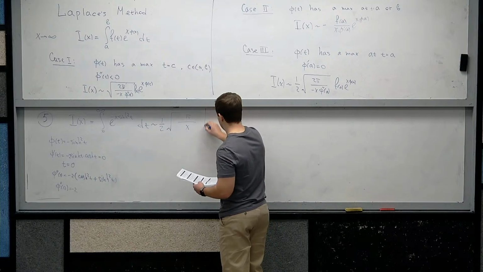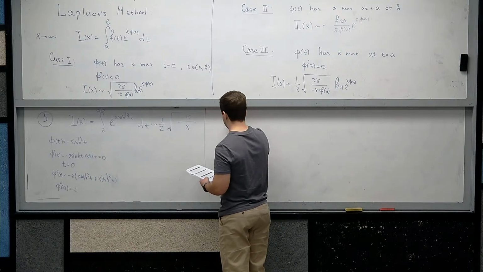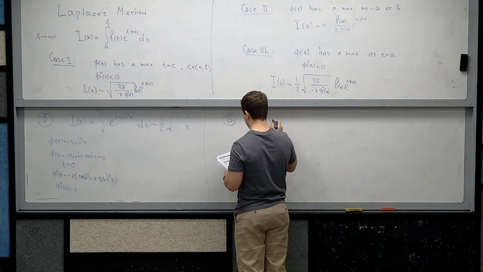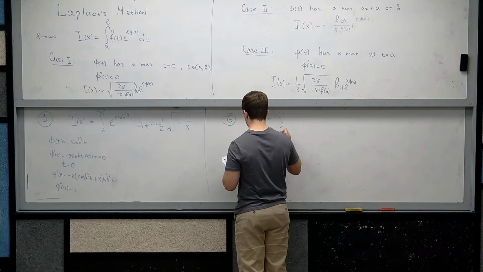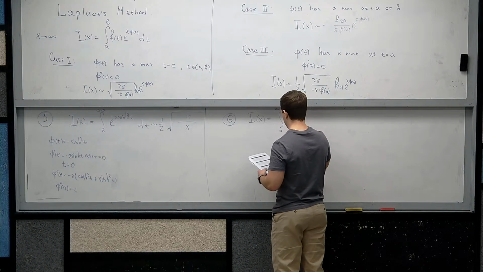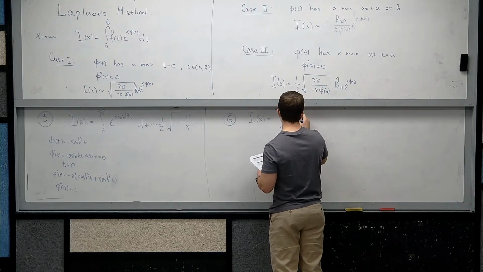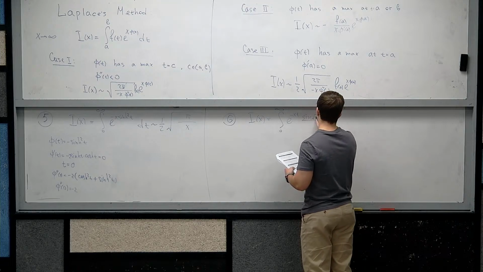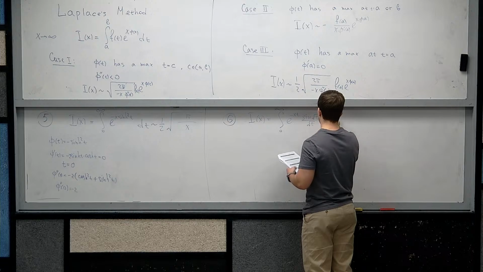Okay, the next one, number 6, something more interesting than that. The integral from 0 to infinity of e to the −xt times sine of square root of t divided by square root of t dt.